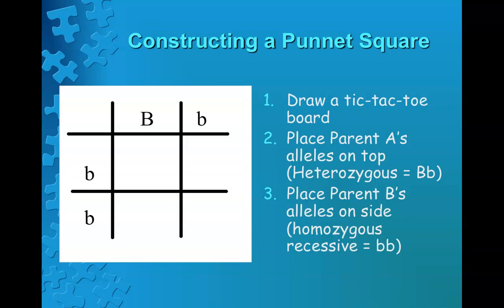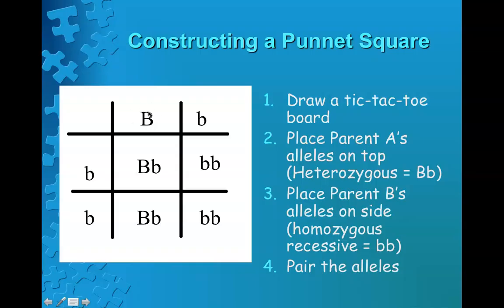Second parent goes across the side, and generally this is usually mom's information, again, if you know who's providing what. And so this particular parent happens to be homozygous recessive, so two little b's, right? Then you pair them down the column and row. So we've got this big B coming here and here, little b's going across, little b's going down here, and these going across as well.